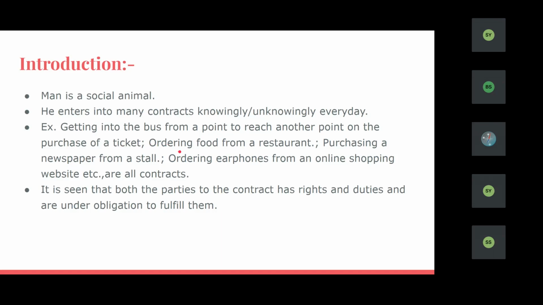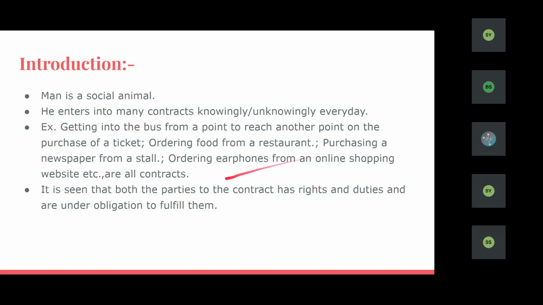Another one, ordering food from a restaurant. You are walking into a restaurant to have dinner, you're paying for the food, enjoying the services. So here there is a form of contract, right? You're paying something, the restaurant is supposed to provide you with good food, right? This is nothing but a kind of contract.